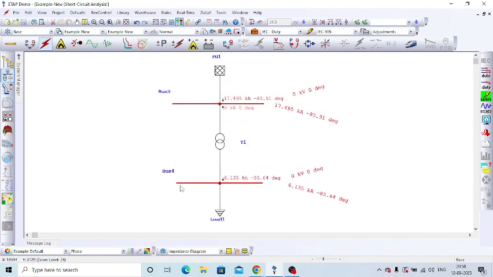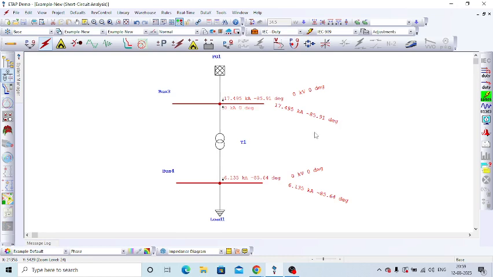On the low voltage side, the 11 kV side, due to the transformer impedance, the fault current at the low voltage bus has been reduced. So it is 6.135 kiloampere. In the bus also it is 6.135 kiloampere.